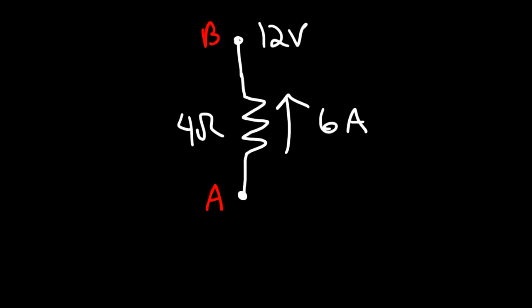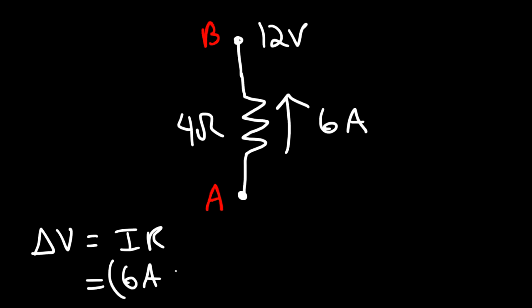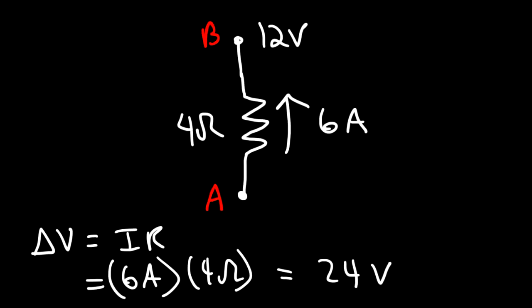What is the electric potential at point A? So first, just like before, we need to calculate the voltage. The current flowing through the resistor is 6 amps. The resistance is 4 ohms. 6 times 4 is 24. So we have a voltage of 24 volts.